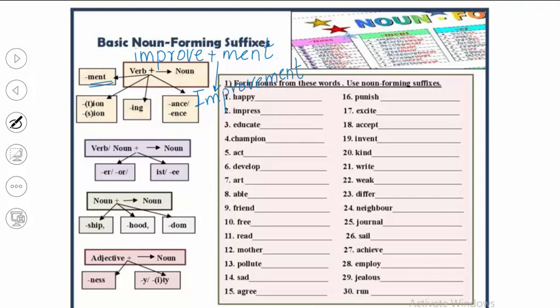Likewise, -y or -ly or -ty, we can change it into an adverb too. So I consider only basic noun-forming suffixes, right? Likewise, we can form adverbs, adjectives, and things like those too.